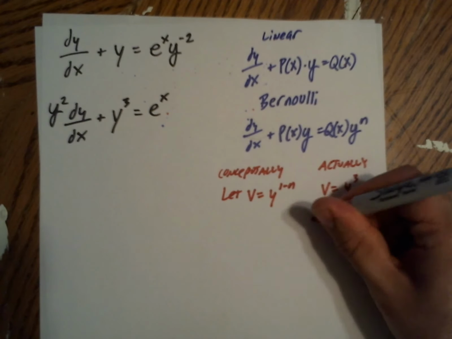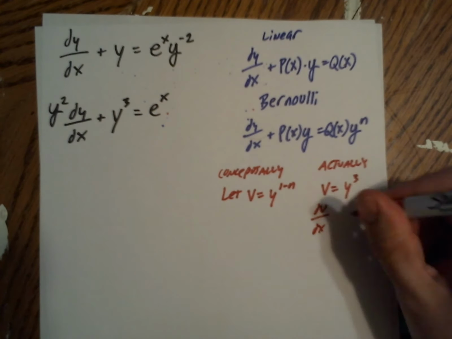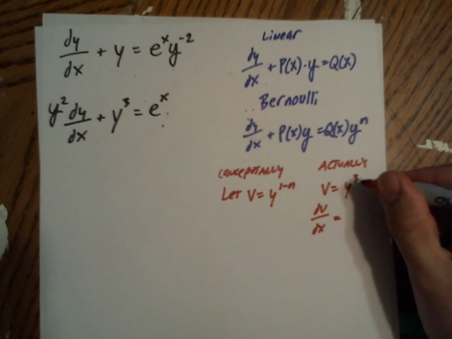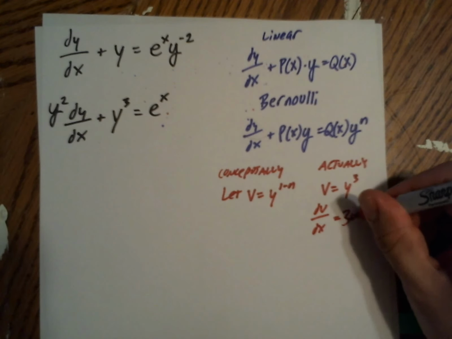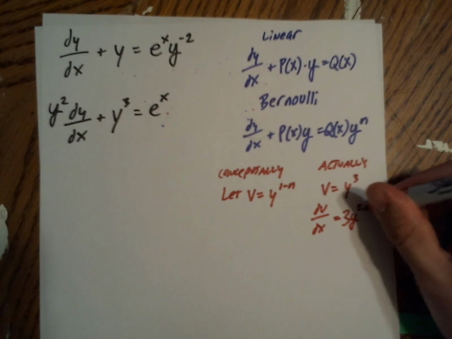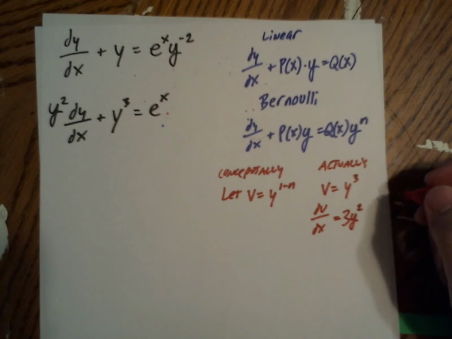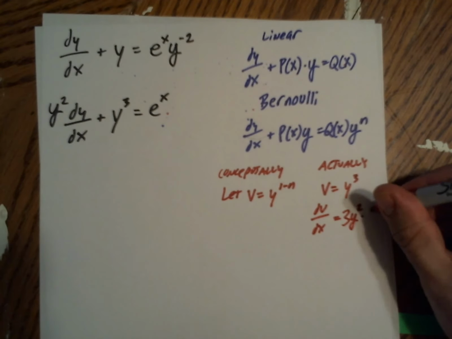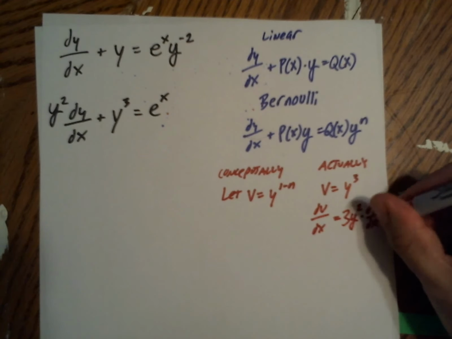Then the derivative of this v with respect to x, by the power rule, is 3y squared, decrementing the power by 1, and of course it's a chain rule, times whatever the derivative of y is with respect to x.